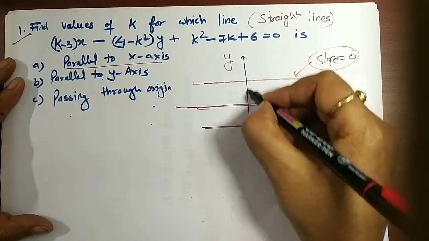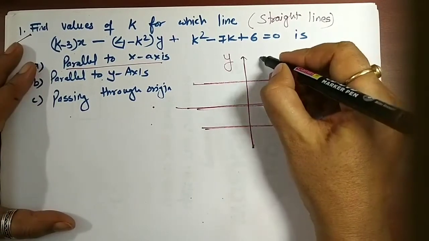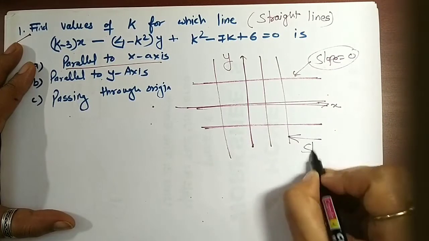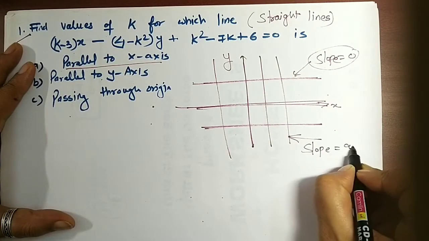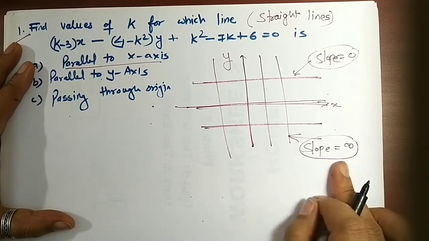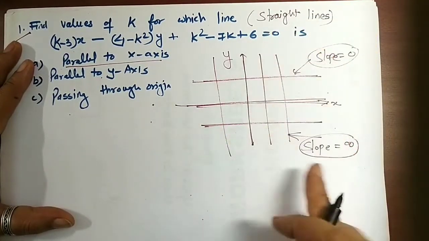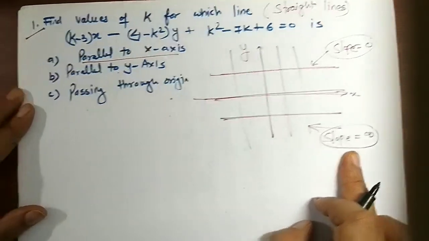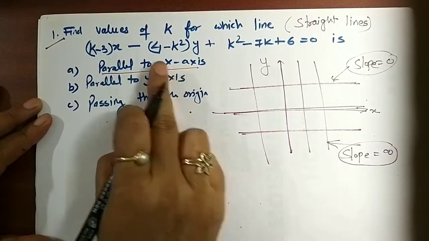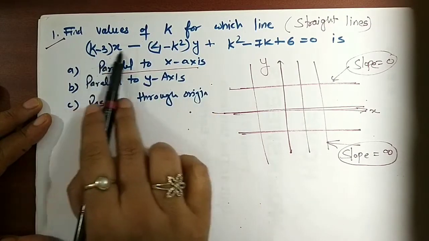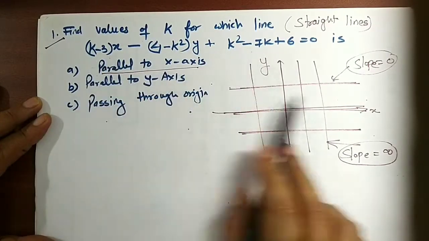If any line is parallel to y-axis, here, here or here, anywhere, the slope of these lines is infinity. Please keep that in mind. Horizontal lines, slope 0. Vertical lines, slope is infinity. Okay. So now they are saying this line should be parallel to x-axis. That means the slope of this line should be for sure 0.